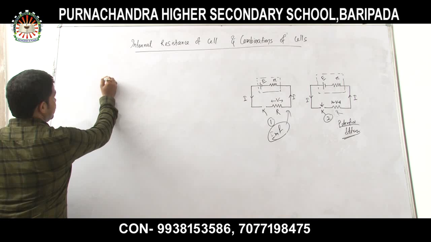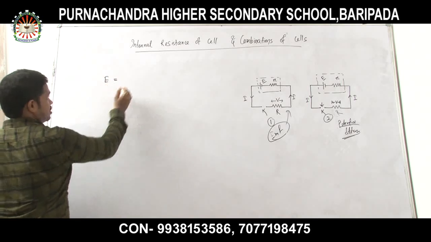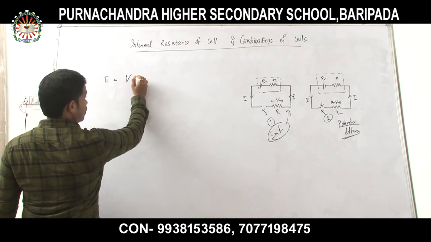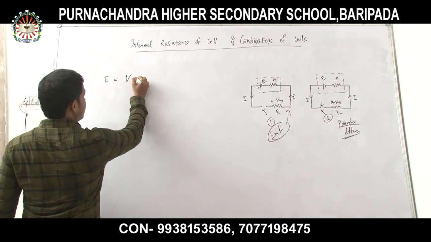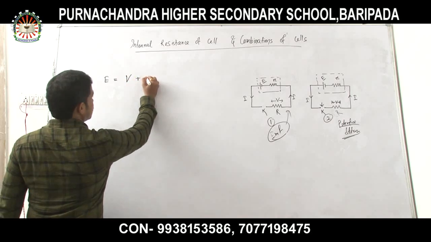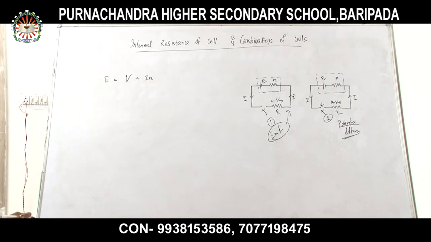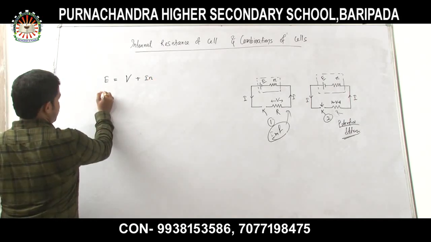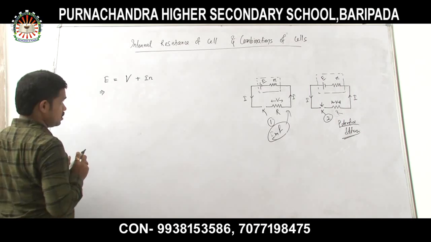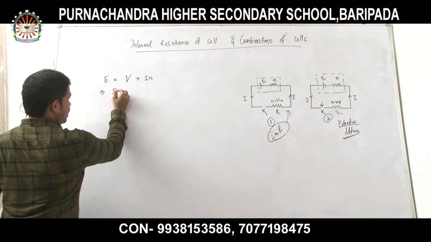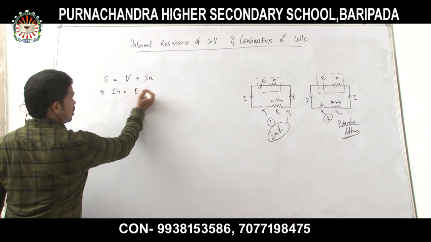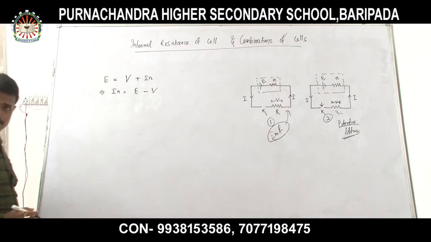Okay, so that E, again I will write that E is nothing but the V, look at very carefully. So V plus Ir, V plus Ir. So that implies I into small r is equal to E minus V.